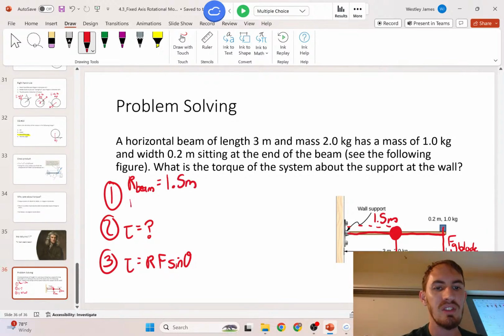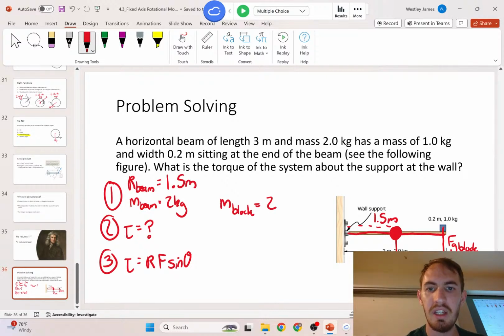The mass of the beam is 2 kilograms. The mass of the block is 2 kilograms. Nope, 1 kilogram. It didn't say it in the problem. 1 kilogram.